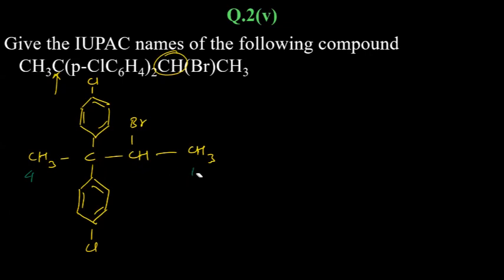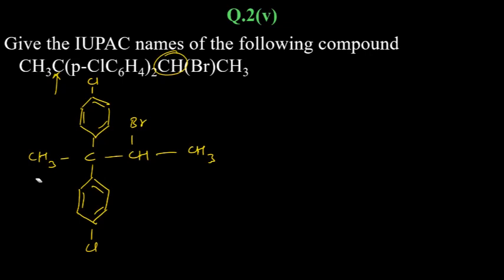Students in the past have come to me saying their teacher said bromine comes first, so it should be from the right-hand side. Now remember the rule. The rule is very simple in NCERT. First preference will be given to the branching. If branching is the same from both sides, then alphabetical order will be considered, not prior to that.